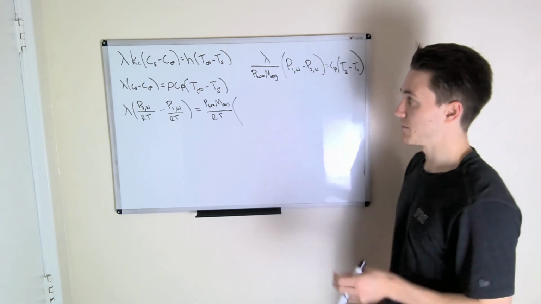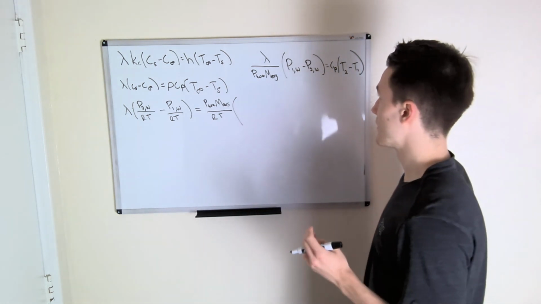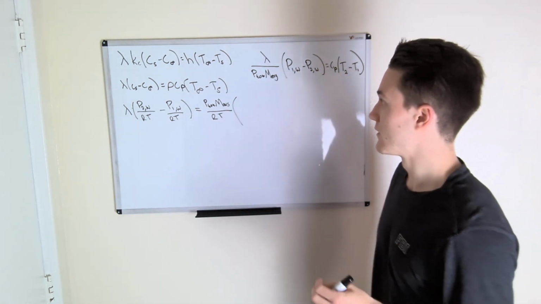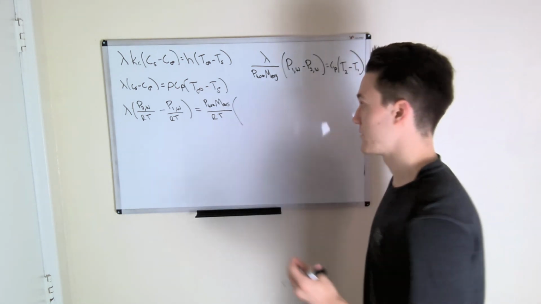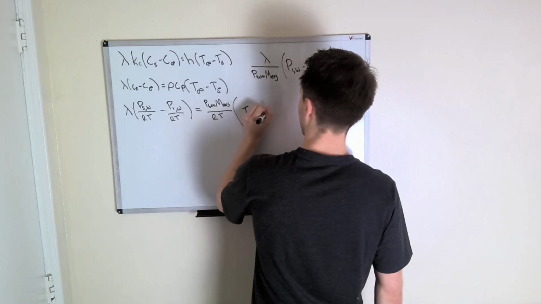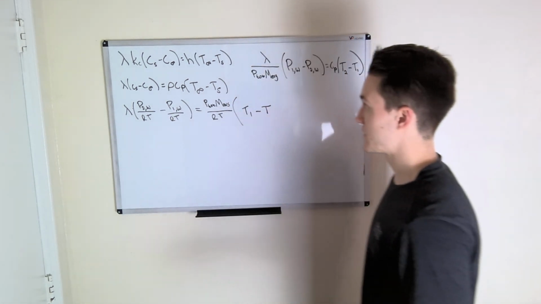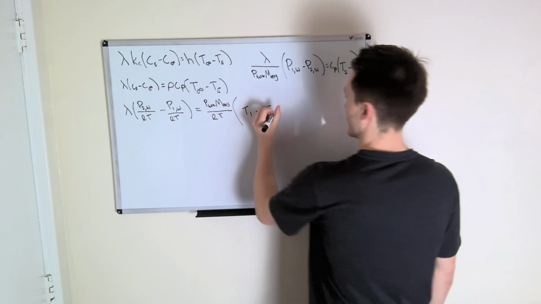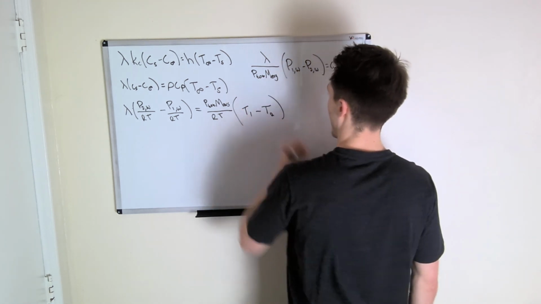And so our temperature in the air correlates to our inlet temperature, which is T1, and the temperature at the surface of our wet bulb is equal to our outlet temperature.